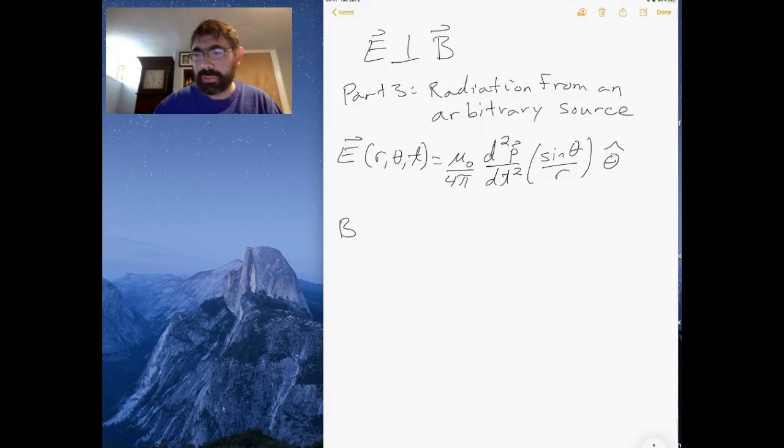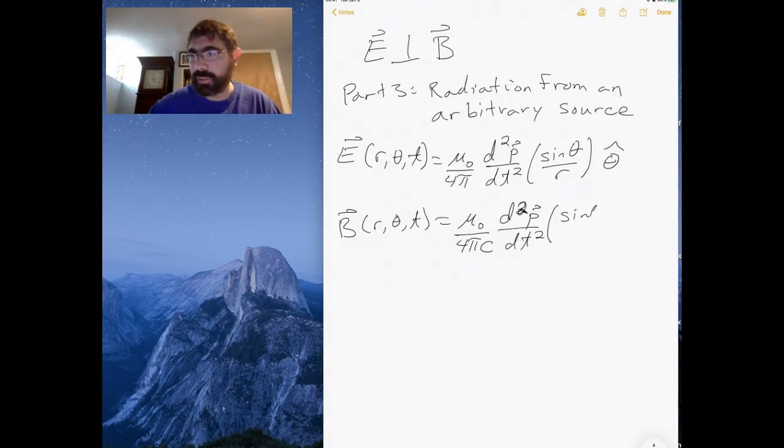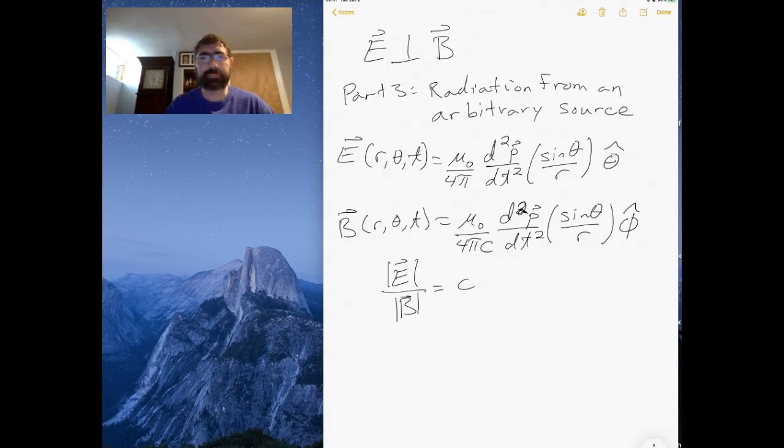The magnetic field turns out to be mu0 over 4 pi c, the second derivative of the electric dipole moment, times the sine of theta over r in the phi direction. So again, what you see is that the dependence of the electric field on the magnetic field is just the speed of light.